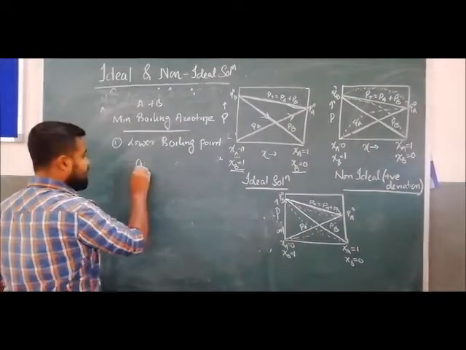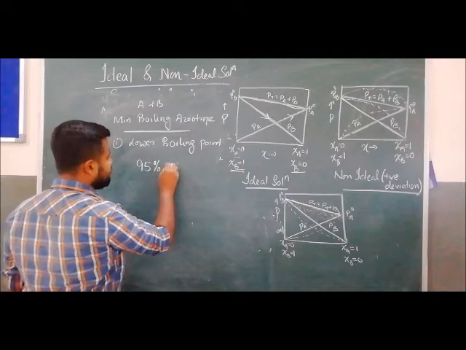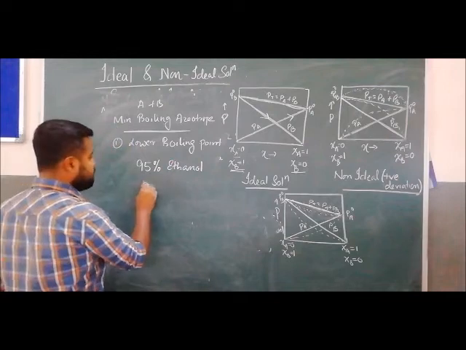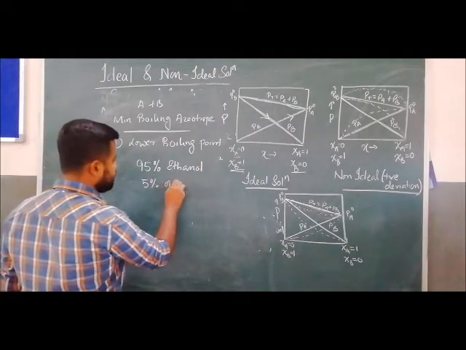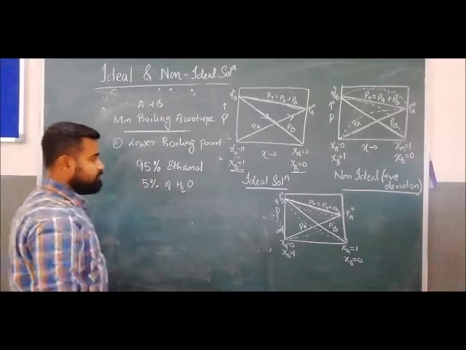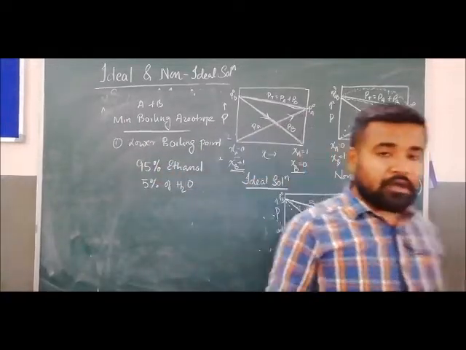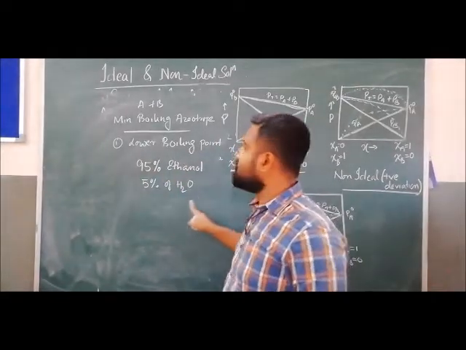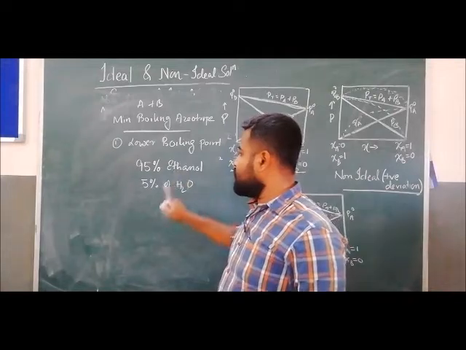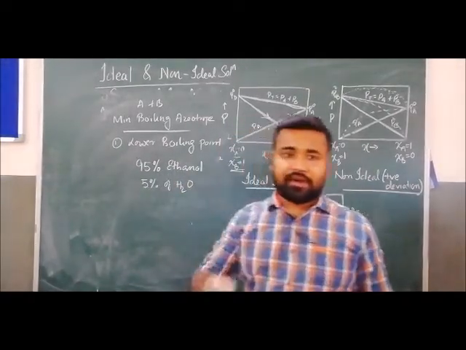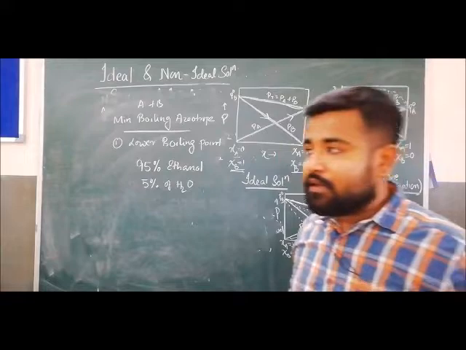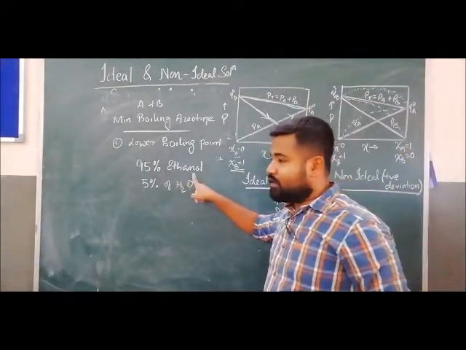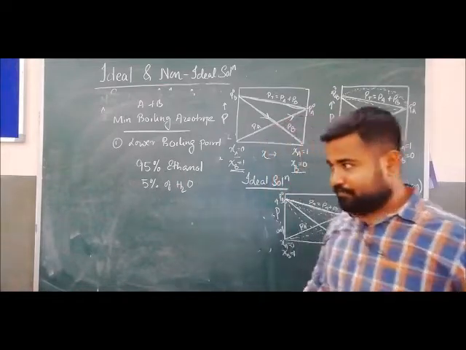If 95% ethanol and 5% water are taken, this composition is a mixture called an azeotrope. In this composition, when 95% ethanol and 5% water are present, they cannot be separated.